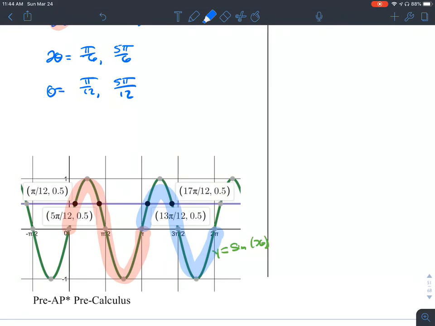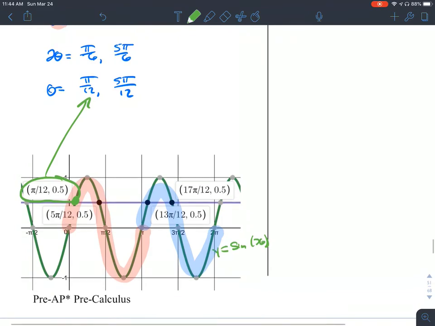So the question is, how many solutions are we going to have to this? We've already concluded there's going to be 4. We got this one right here, which is pi over 12, which is this answer. We have 5 pi over 12, which is this answer right here. So then the question is, how do we get these other 2 answers logically?